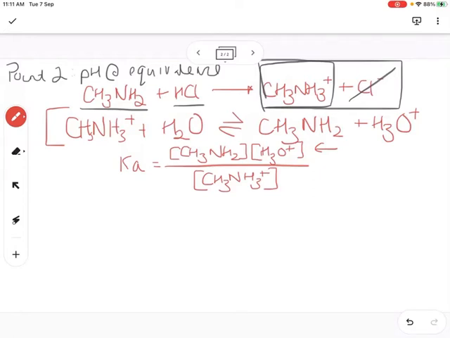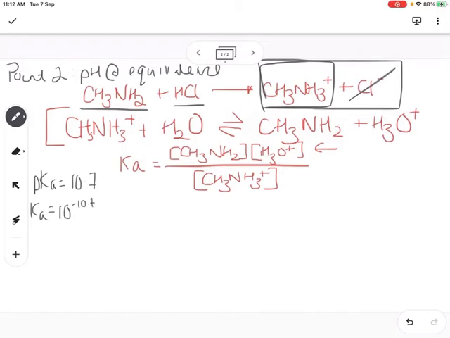So we got given the pKa in the original question, and the pKa was 10.7. So to find out the Ka, we just have to do 10 to the power of the negative pKa. To do that on my calculator, I go shift log, so that's inverse log negative 10.7.